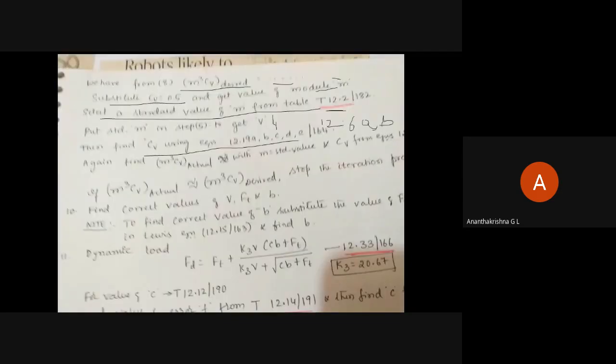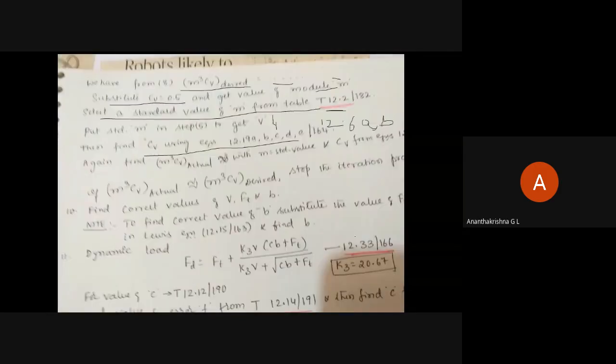So, coming to the iterations part, all of you please observe. Please be there along with these equations. Don't lose concentration. From the Lewis equation, I am going to get m cube Cv desired value. Then I assume initially that Cv is equal to 0.5.